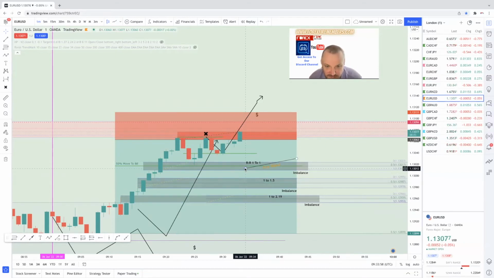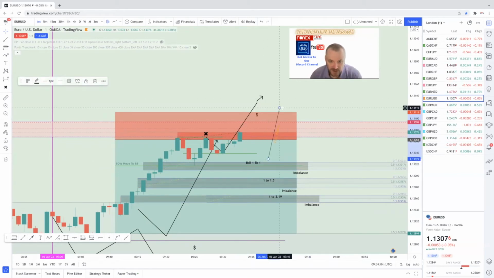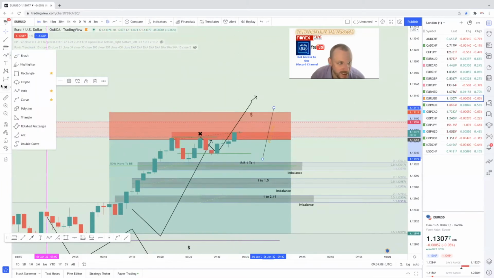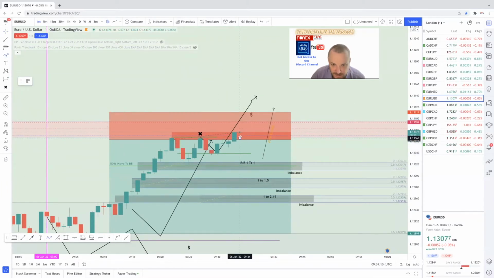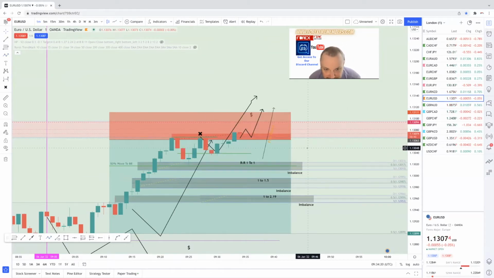Now there's every chance that this is just going to run above. This is certainly just going to run above, to be fair. Are we going to get a sort of bounce, come back down to that level, and then are we going to get the run to where we expect? Let's just see.